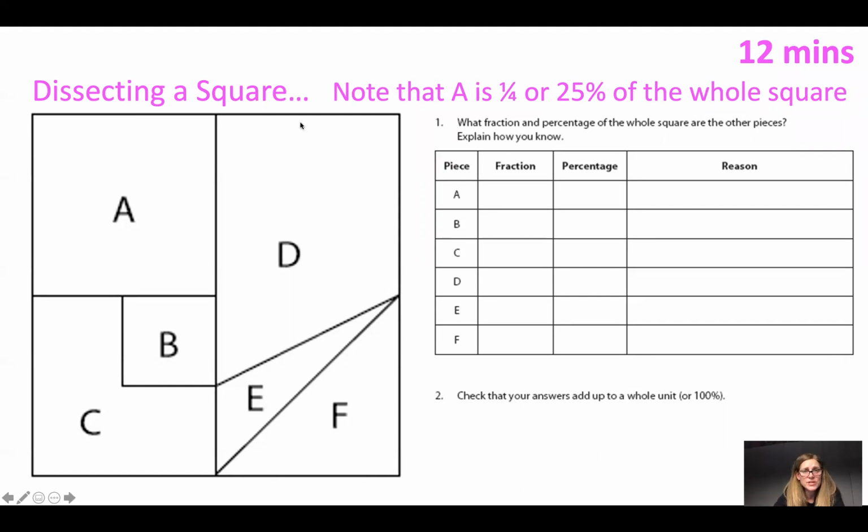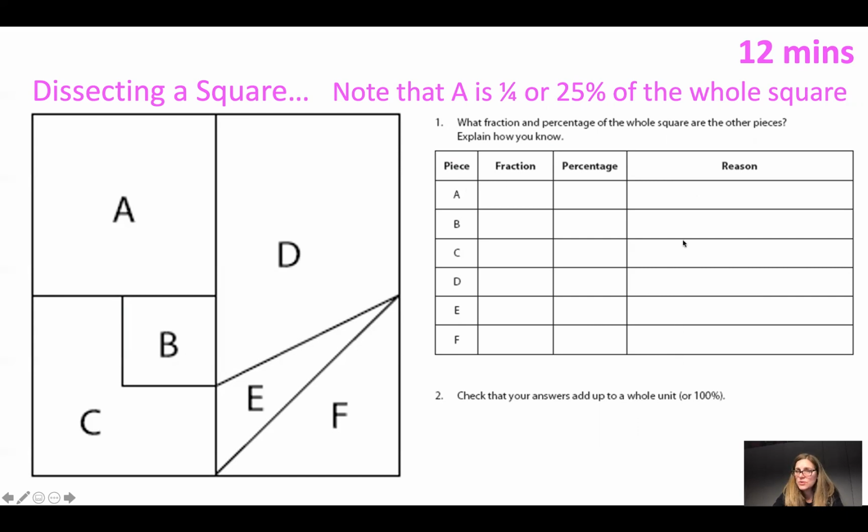And you are told, right, this is a square, this is a perfect square. And you're told that A is exactly 1/4 of the whole square. So you can draw it out if you want to. Otherwise, just work off the screen. I'm going to give you 12 minutes. I want the fraction and the percentage for all 6 of the shapes.